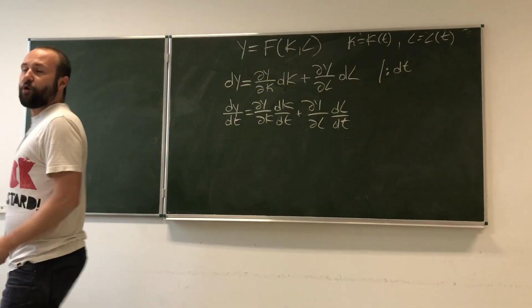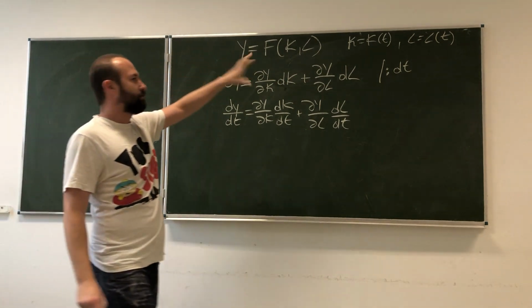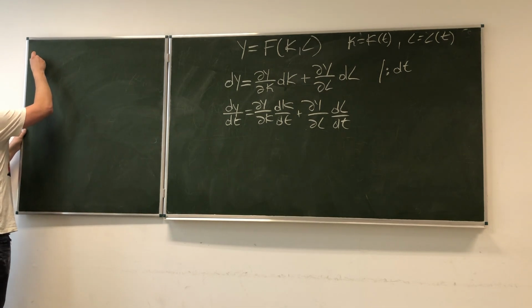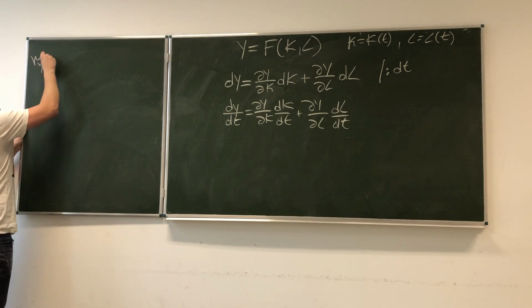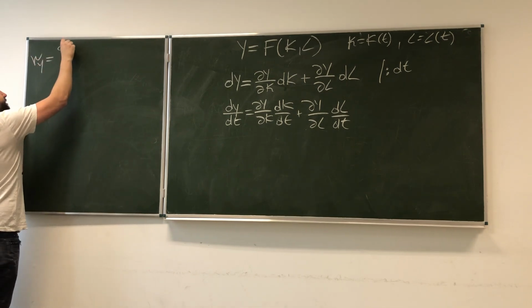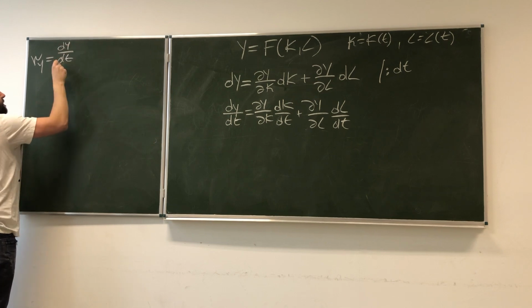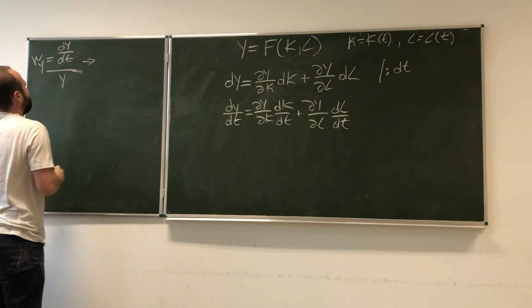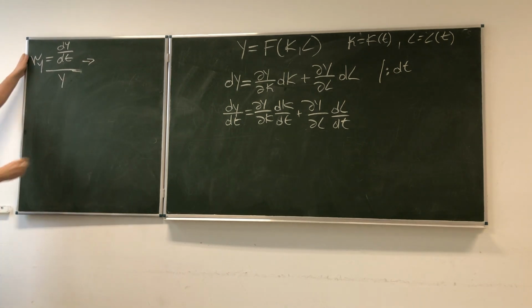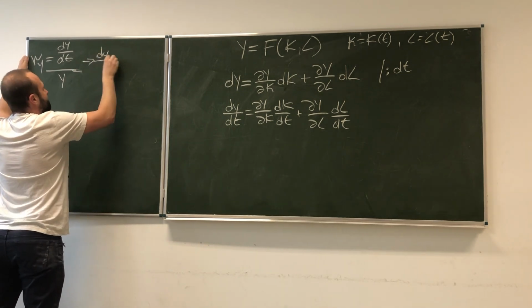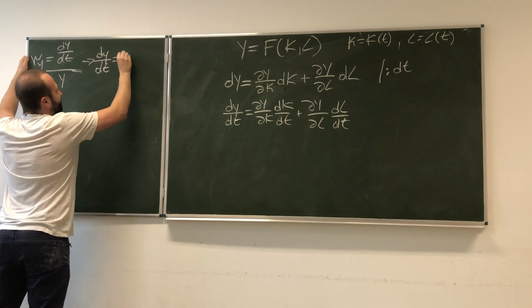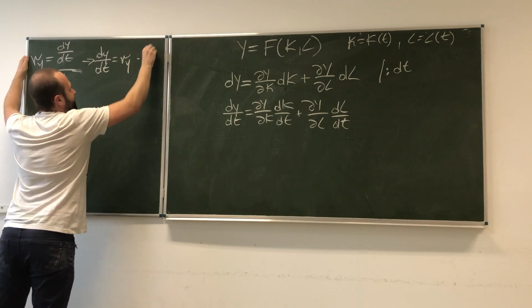Because look, we definitely want to have some growth rates here. So let's rewrite these growth rates. We know the growth rate of y is equal to dy/dt divided by y. Which means that if I multiply both sides by y, then dy/dt is equal to the growth rate of y multiplied by y.